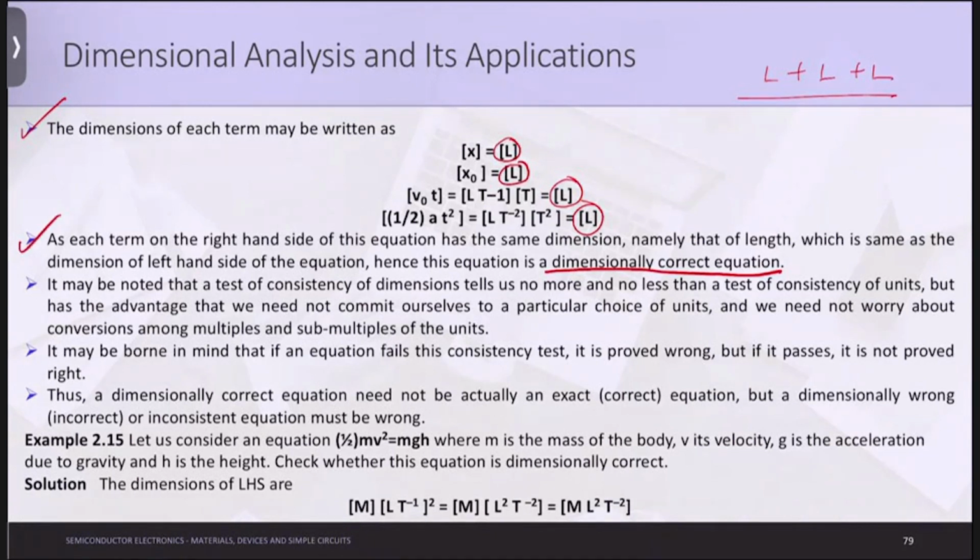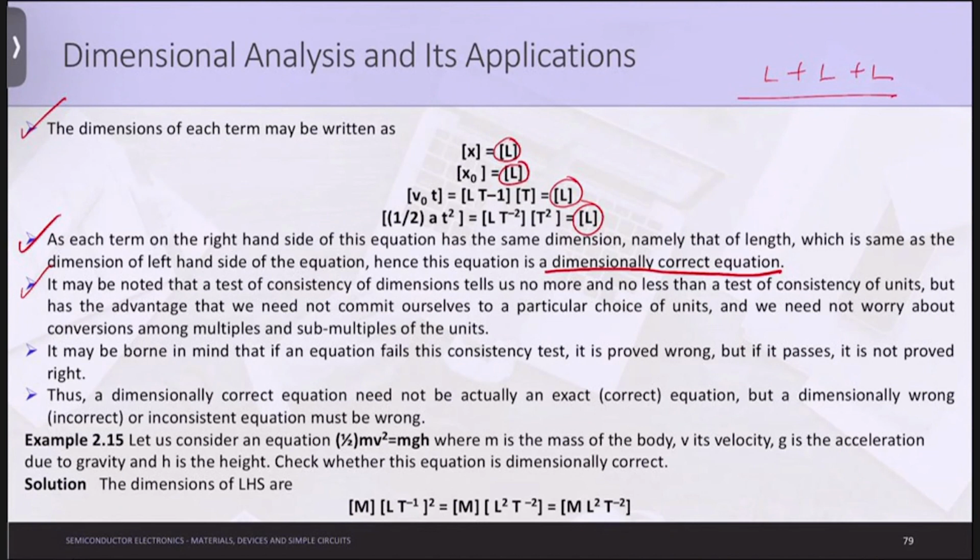It may be noted that a test of consistency of dimension tells us no more and no less than a test of consistency of units, but has the advantage that we need not commit ourselves to a particular choice of units, and we need not worry about conversion among multiples and submultiples of the unit. So it's basically the consistency of units.